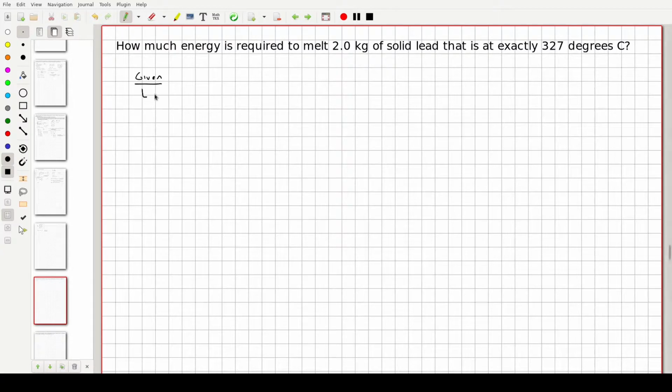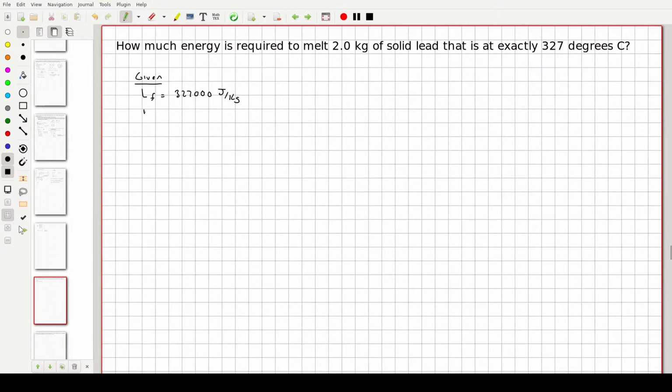And the latent heat of fusion for lead is, let's see here, 327,000 joules per kilogram. It takes this much energy to completely convert 1 kilogram of lead at exactly 327 degrees Celsius from a solid into a liquid.